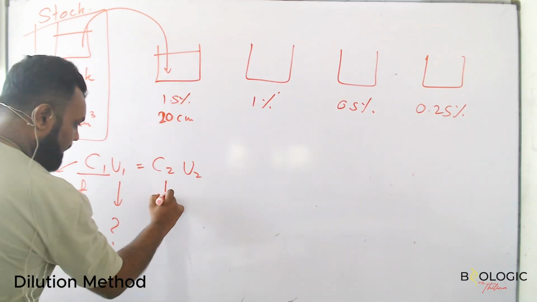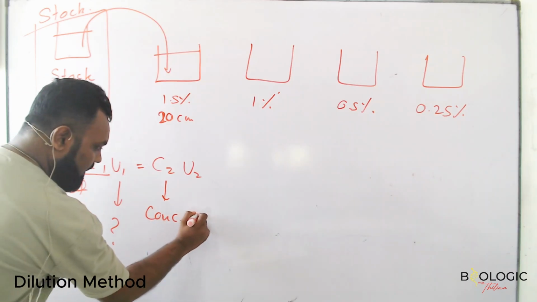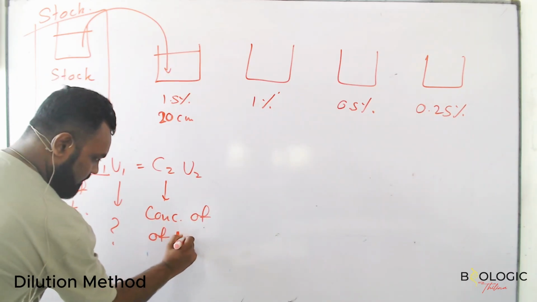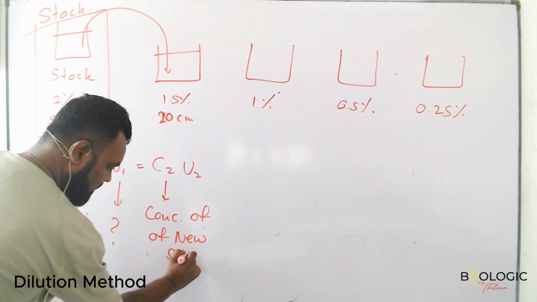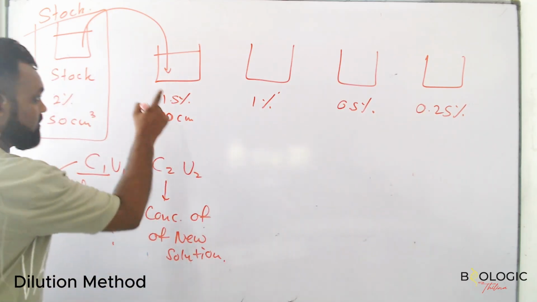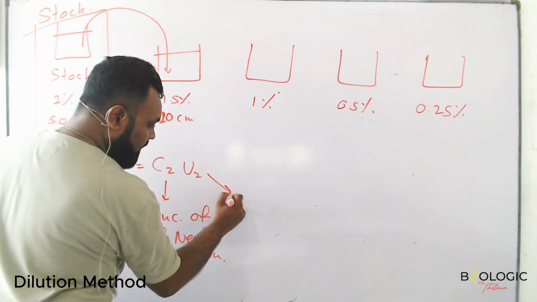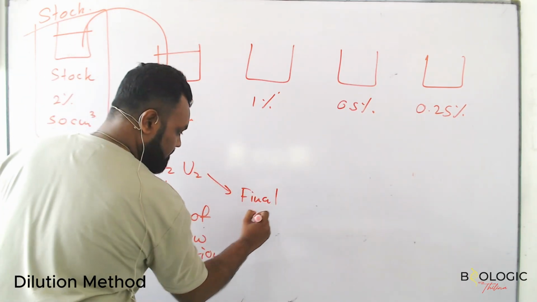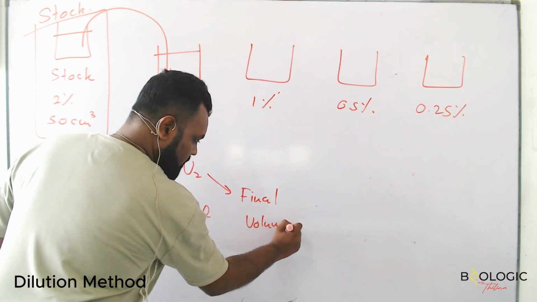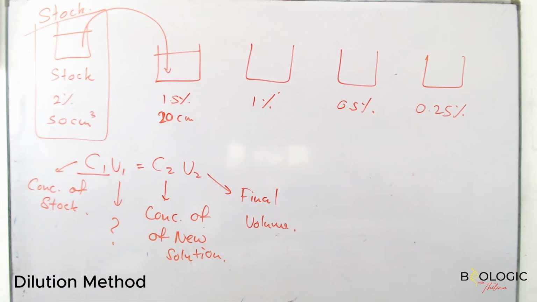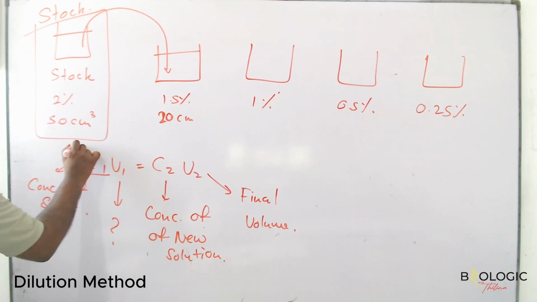C2 is the concentration of the new solution. In this case, this one, 1.5. Then V2 is the final volume. Clear that one? C1 V1 equals C2 V2.